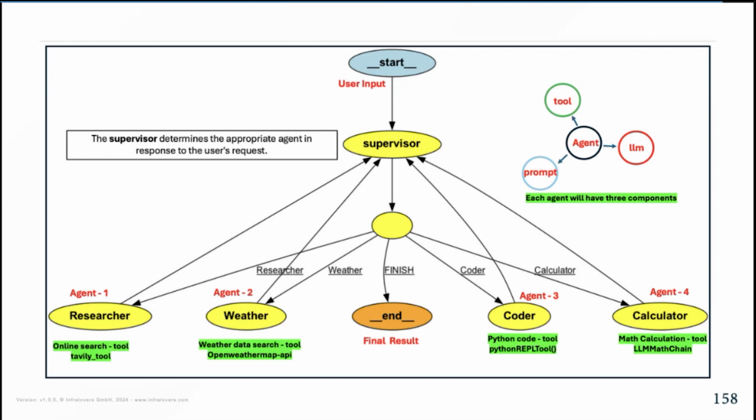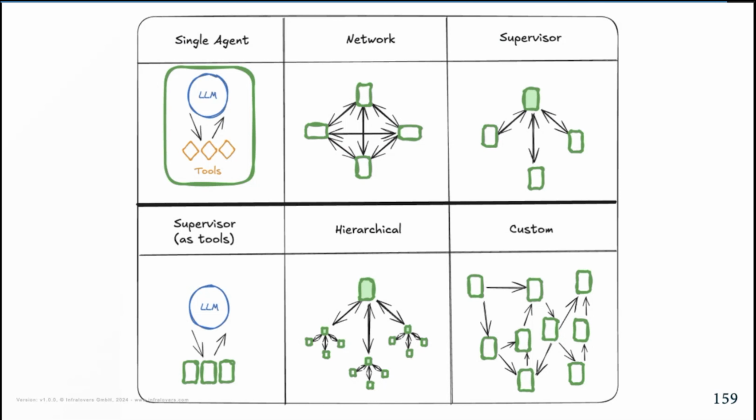And in this example, we can see multiple agents working for a supervisor agent, which then coordinates their actions and manages the overall workflow. And depending on the task, it would call the appropriate agent to perform the required action. In fact, we have several patterns for multi-agent interactions.